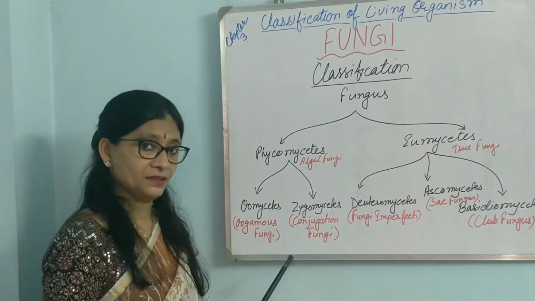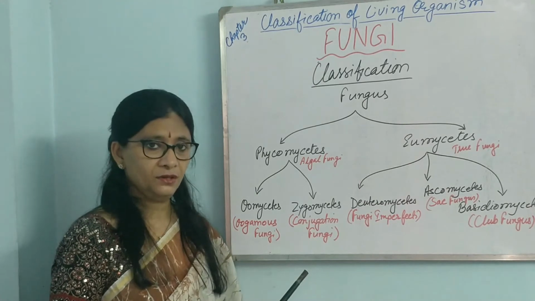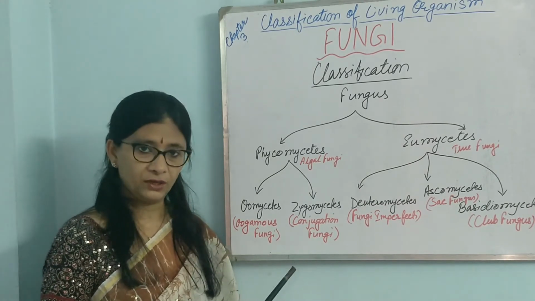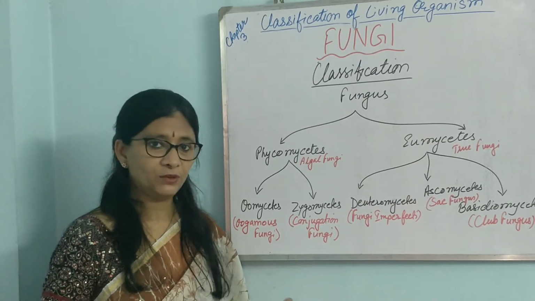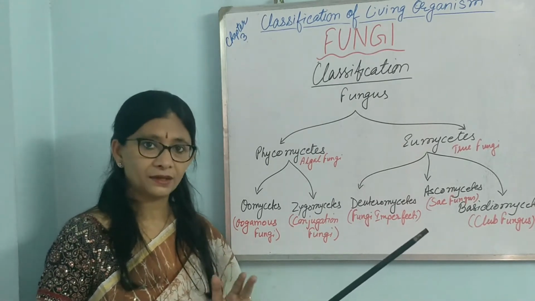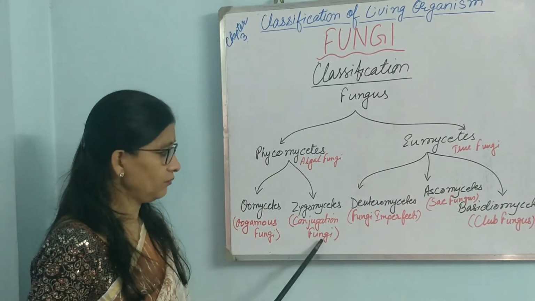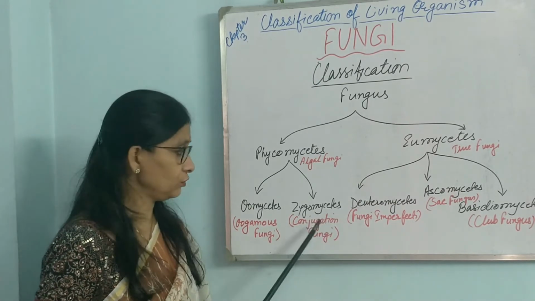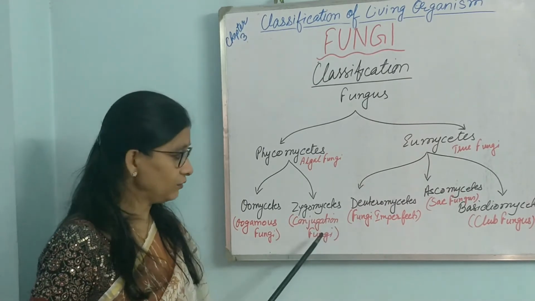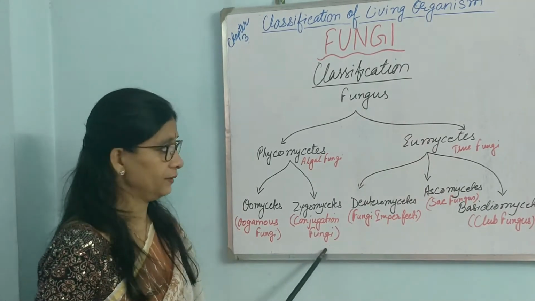Then is Zygomycetes, known as conjugation fungus. You must be aware of the process of conjugation, how genetic recombination takes place between two like cells. We have seen this in bacteria also. A similar thing is present in this group of fungus, so it is given the common name conjugation fungi.